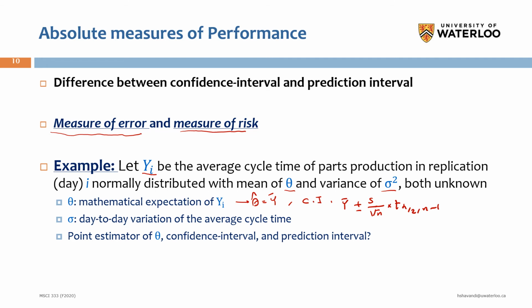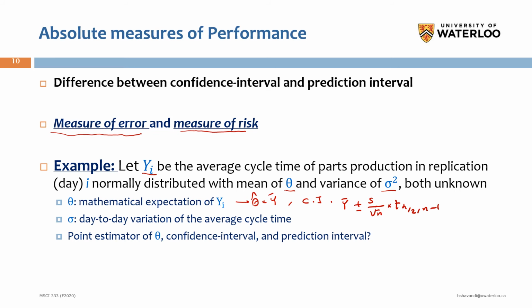Let's say alpha is 0.05. So we will say that with 95% confidence, the actual value of theta will be in the confidence interval. Here we are covering our error by a confidence interval with a 95% confidence level, right? So as you see here, the confidence interval is a measure of error, right?